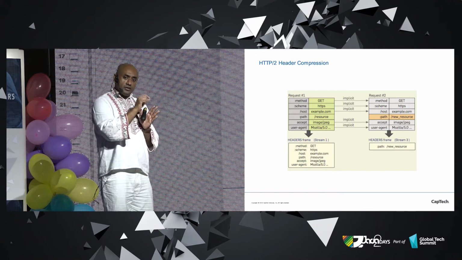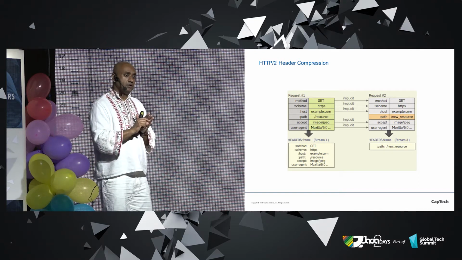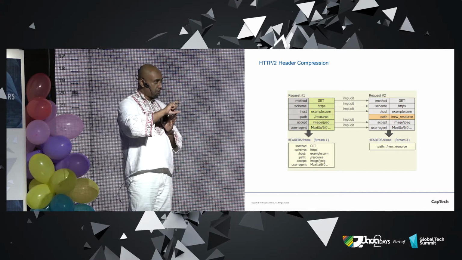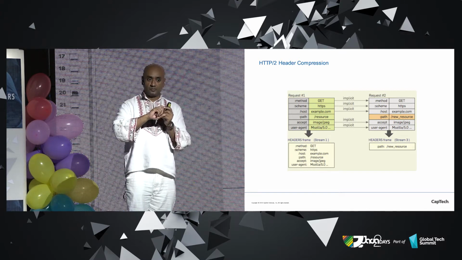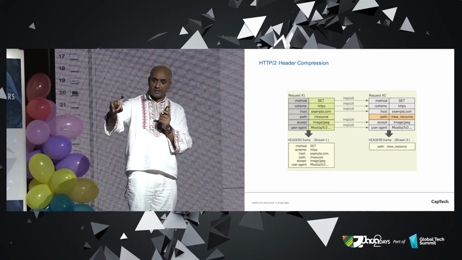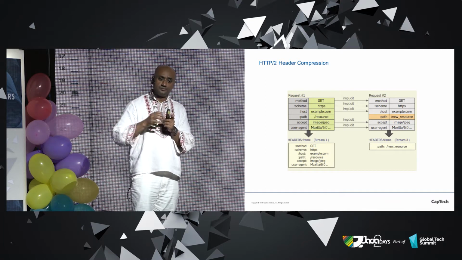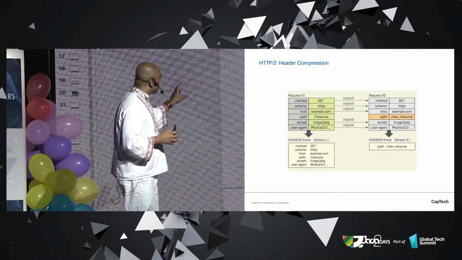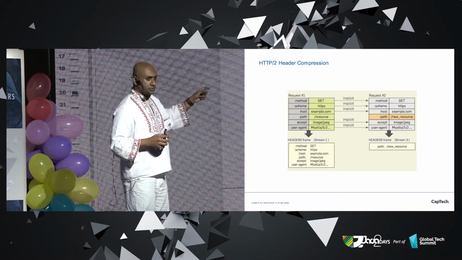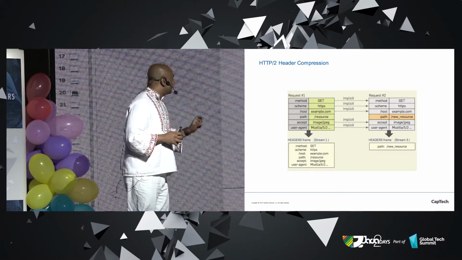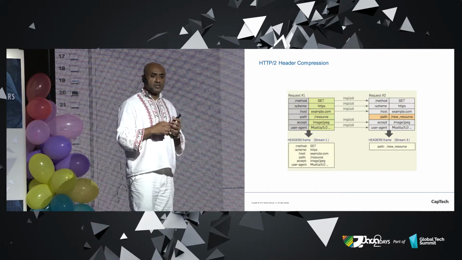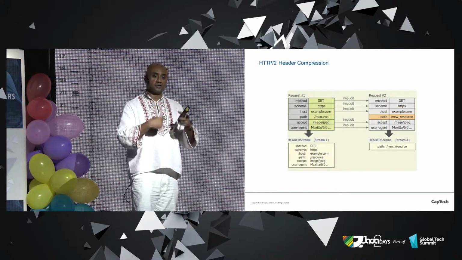And within each of those requests today, you're actually making HTTP header requests. Each of those requests has a request and a response header. Well, guess what? Because there's so little difference between one resource and the other, most of the time you're exchanging the same set of headers over and over again.